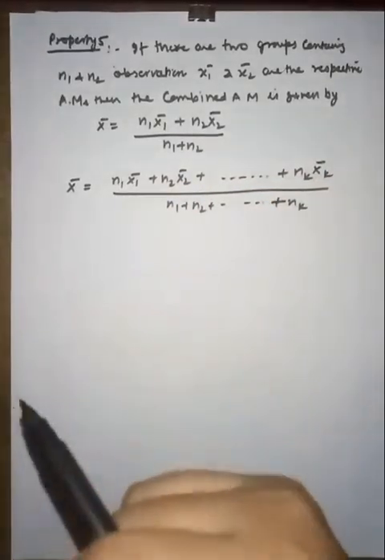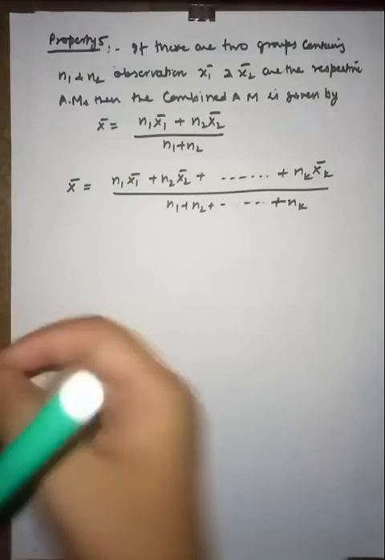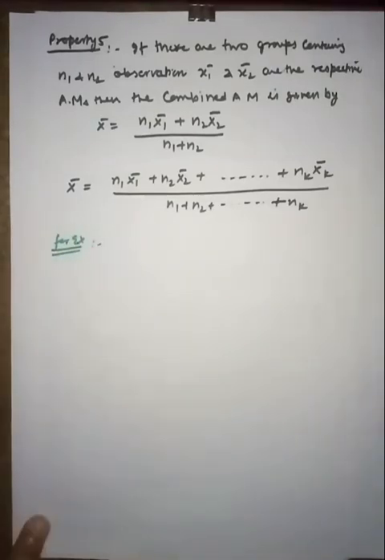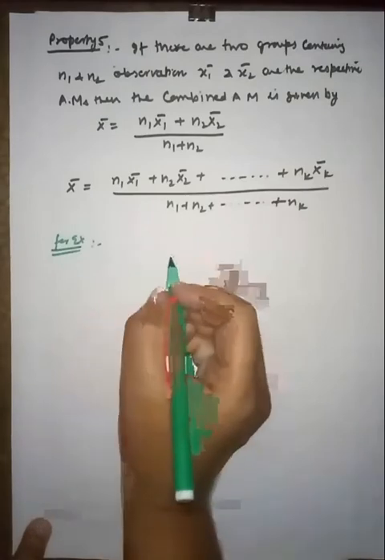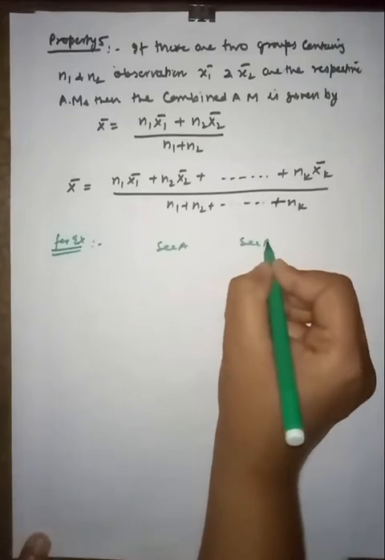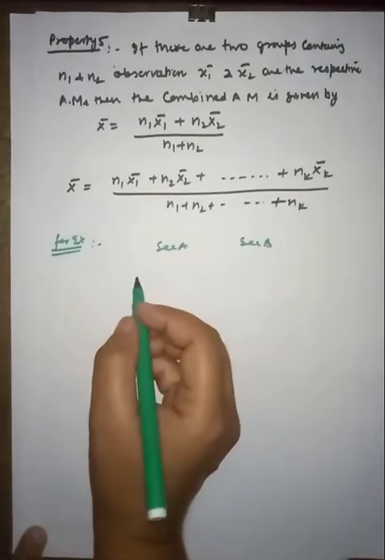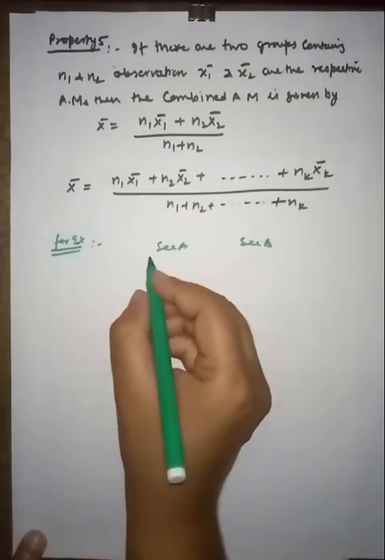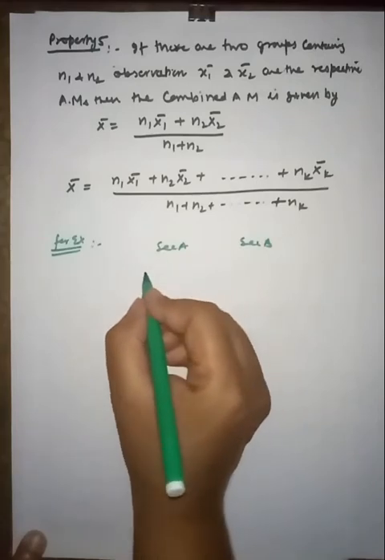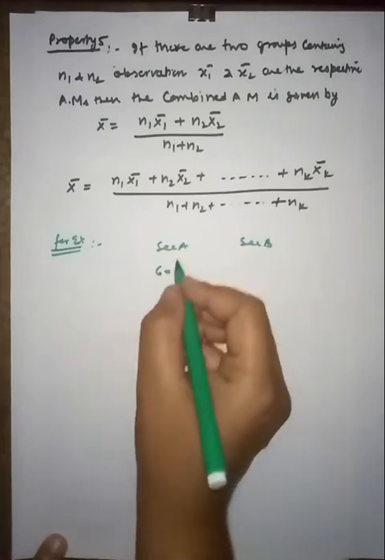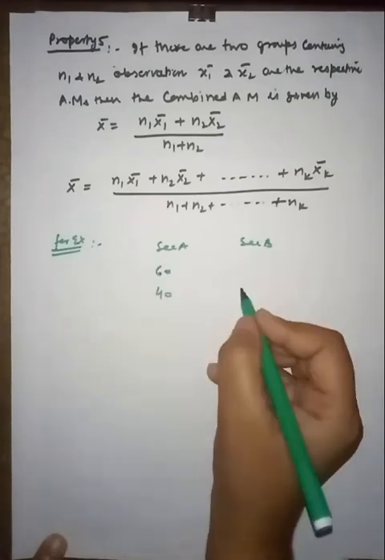Now, for example, suppose I have taken two sections, section A and section B. In section A there are 60 students, and the mean marks of the 60 students in section A is, suppose, 40.